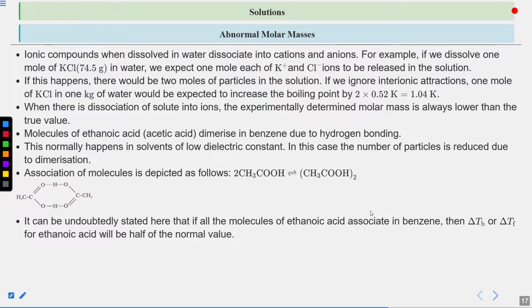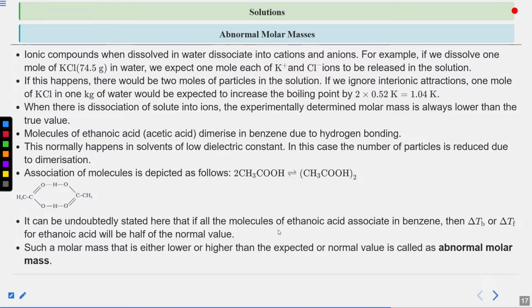Now, due to this dimerization, the delta TF or delta TB is being halved. So in case of dissociation, the elevation is doubled or the depression is doubled, but in case of association, it is being halved. And we get a molar mass which is not equal to the normal molar mass of the solute that we know. And this is termed as abnormal molar mass.